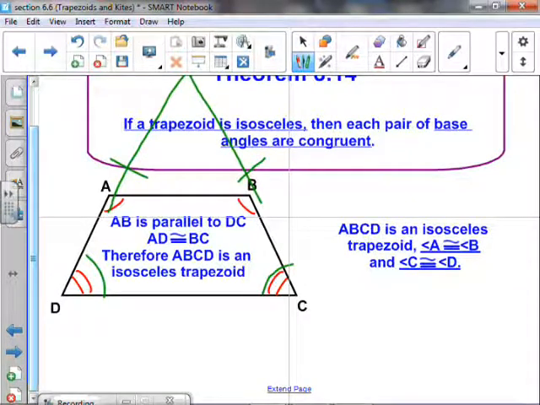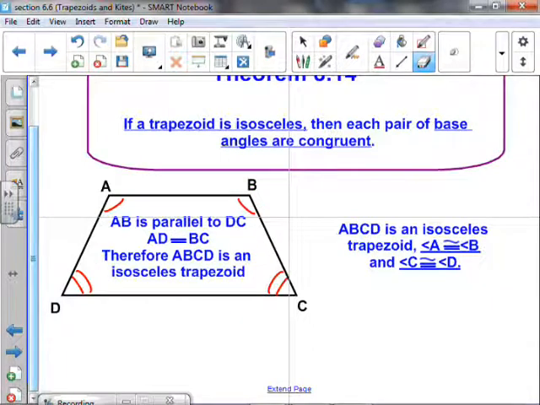Same thing with trapezoids. If you have an isosceles trapezoid, and these two sides are the same, then you know that each pair of base angles are congruent. So notice this and this are congruent, but also these down here are going to be congruent.